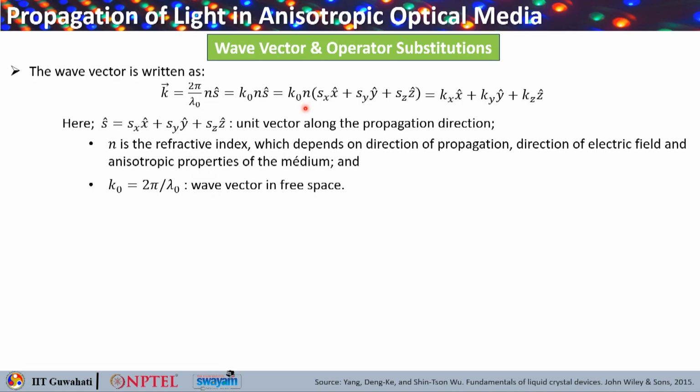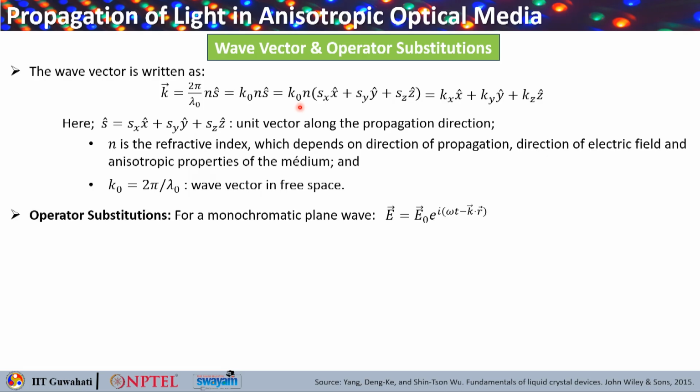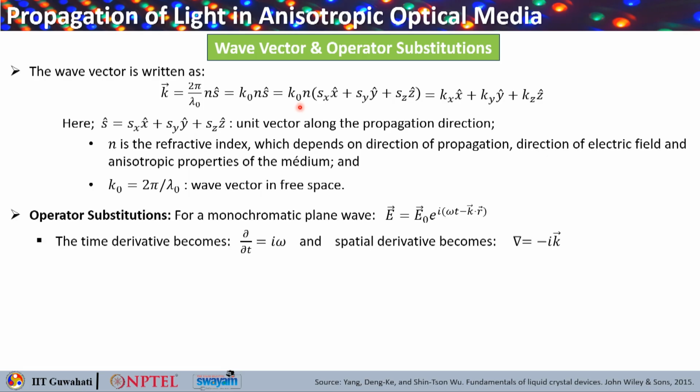N is again the refractive index, which depends on the direction of propagation, direction of electric field, and also the anisotropic properties of the medium. And here you can see there is k naught, which is basically 2 pi by lambda naught, the wave vector in free space. So now you can basically do some operator substitution and move to the frequency domain.